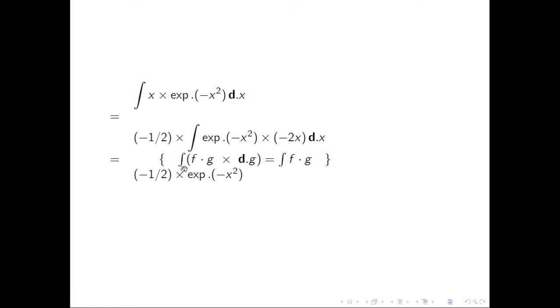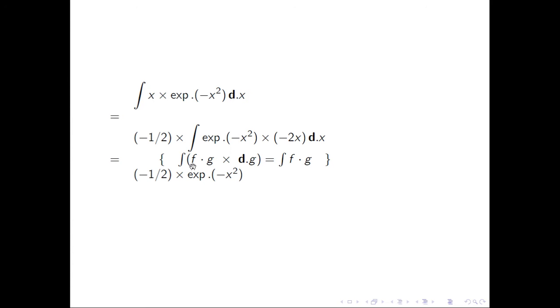This says if you have the integral of f after g, so this is function composition, times the differential of g, that is equal to the integral of f after g. Let's look at what this means here.